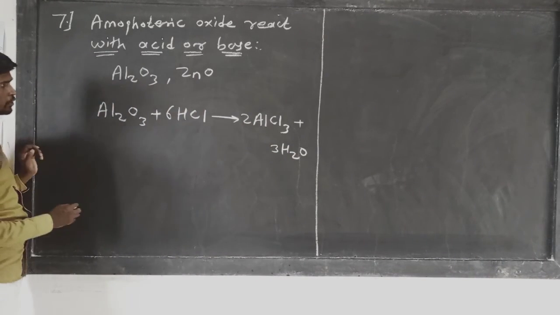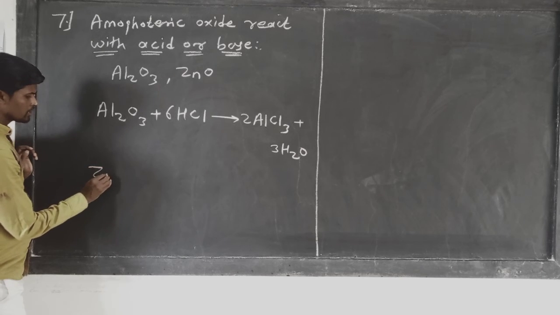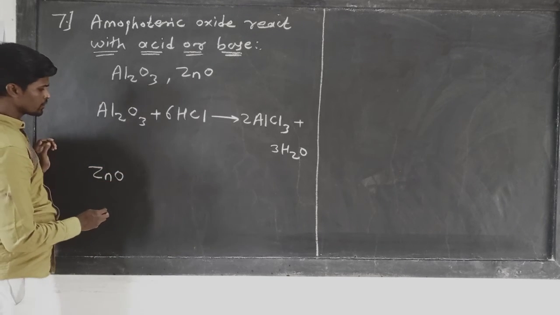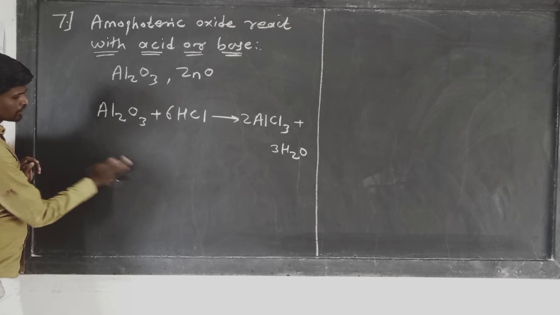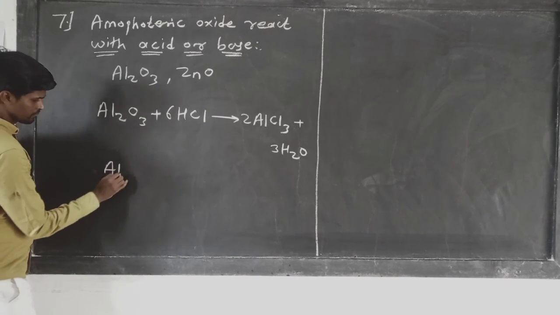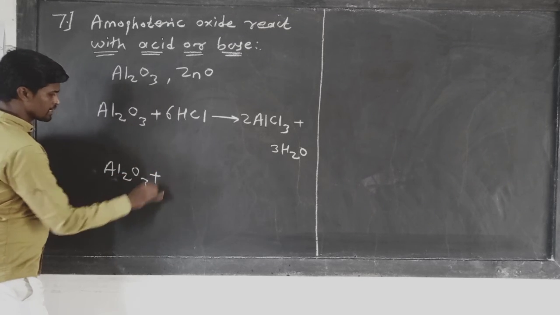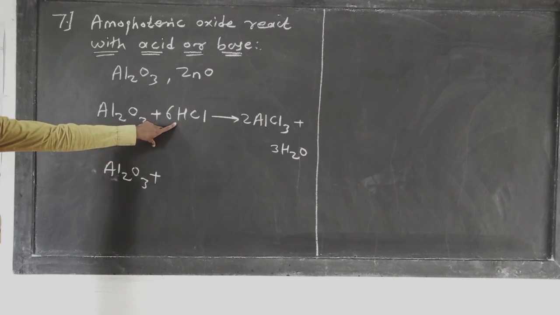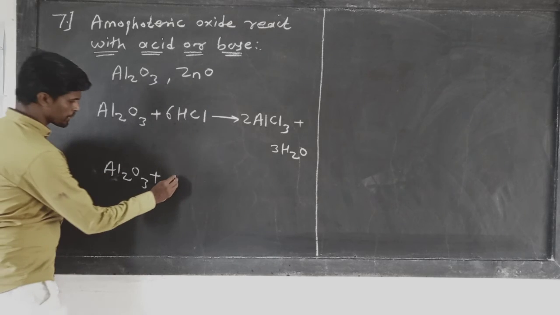Then second example, we can also take zinc oxide, or we take the same example, alumina Al2O3, reacted with base instead of acid.